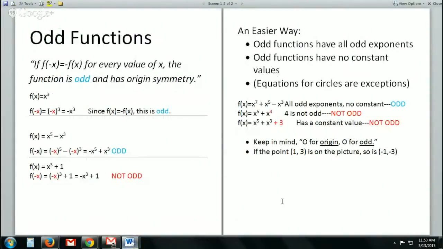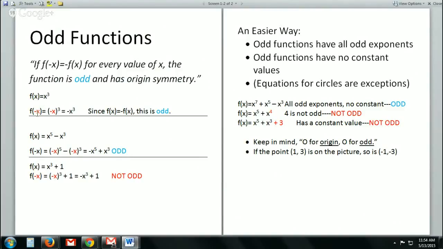What about an odd function? The official definition for an odd function is if f of negative x equals negative f of x for each value of x, then the function is odd, and it's going to have what's called origin symmetry. The easiest example of something that's odd would be just x cubed.